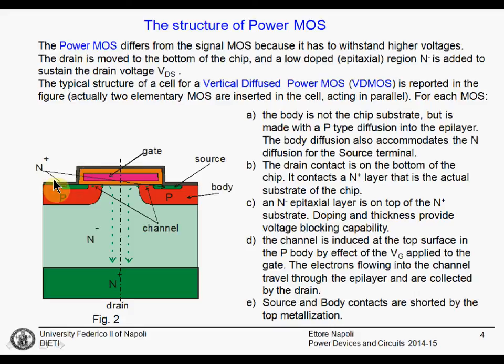And actually the source metallization, this gray line here, connects both the source and the substrate. In this way, the source to substrate voltage is always 0. We know that the source to substrate voltage has an influence on the threshold voltage. In this case, it is always 0.